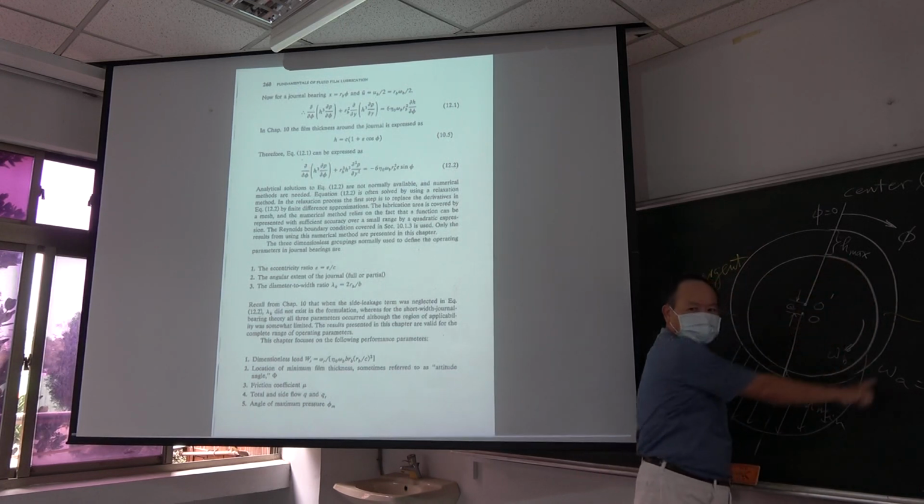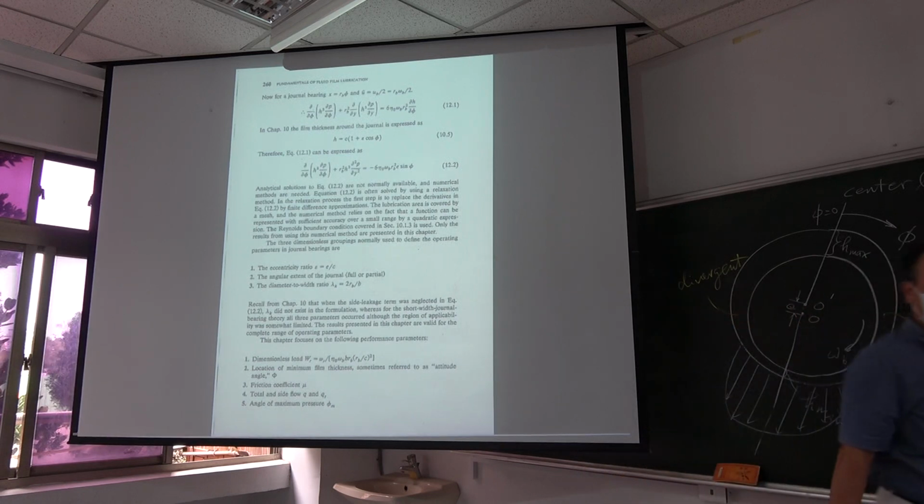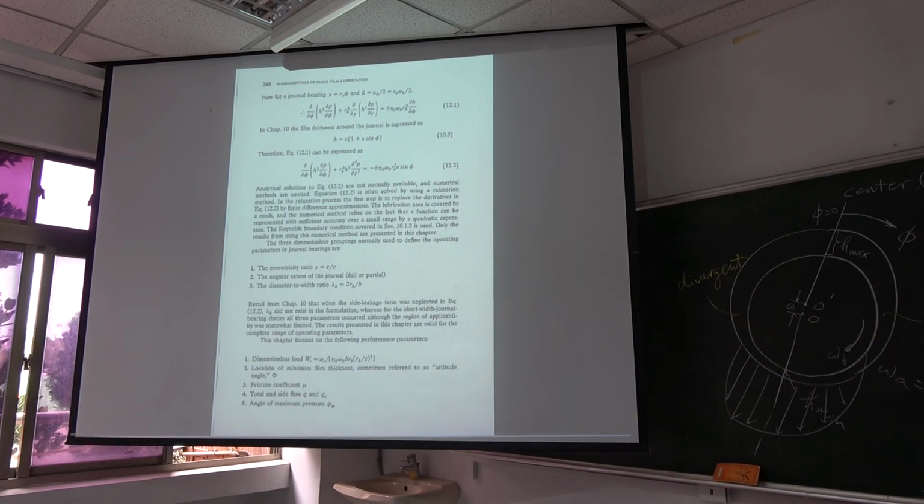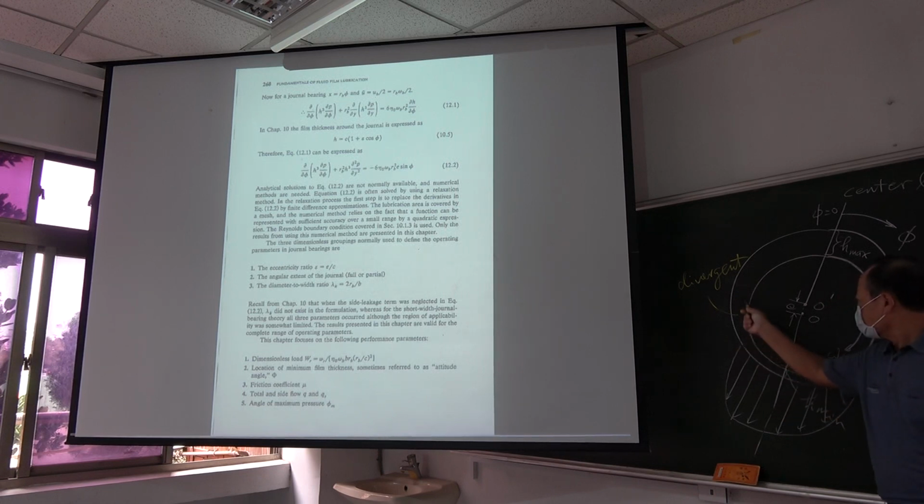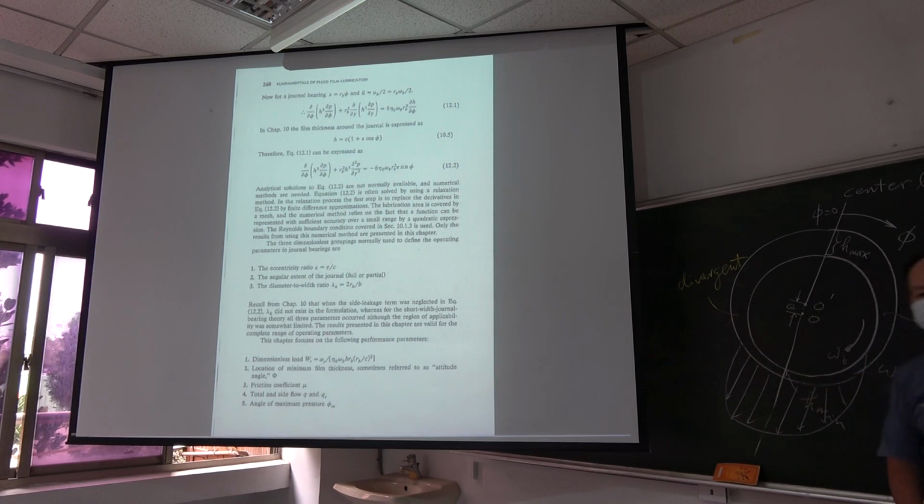And it is rotating clockwise. 它是顺时钟在转。所以你的这一正压, your positive pressure is created this way. From somewhere in the converging region, the positive pressure starts, and then it terminates somewhere in the divergent area.